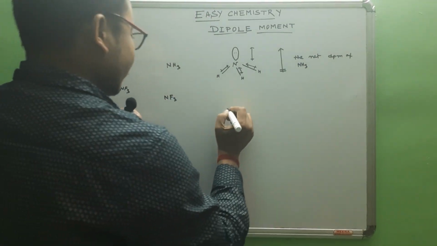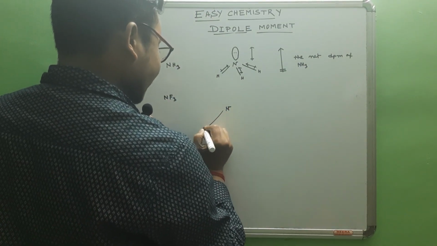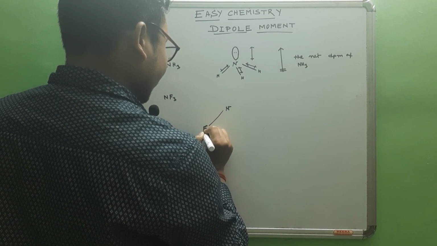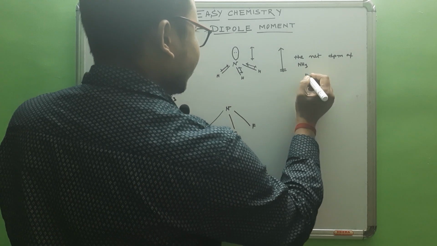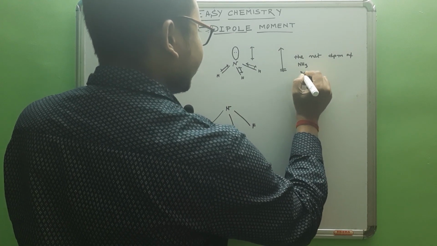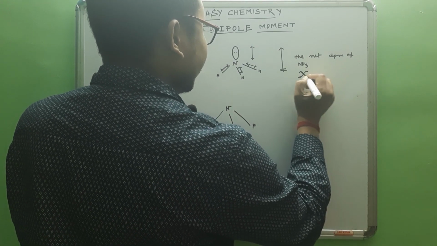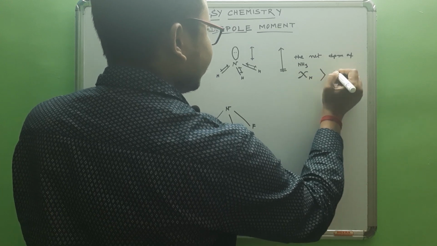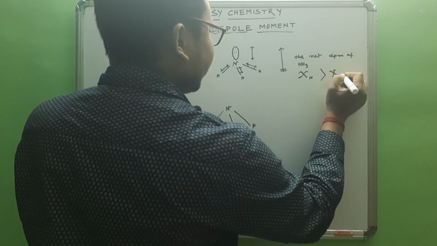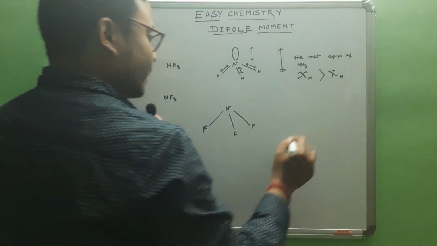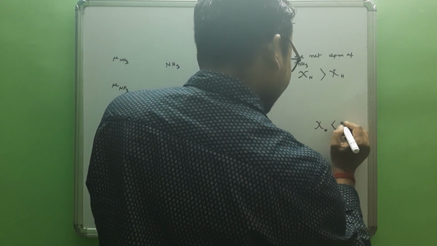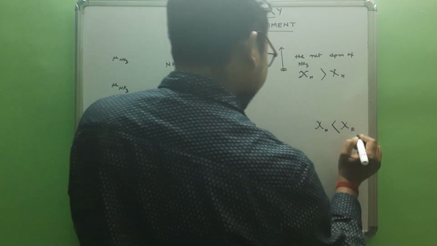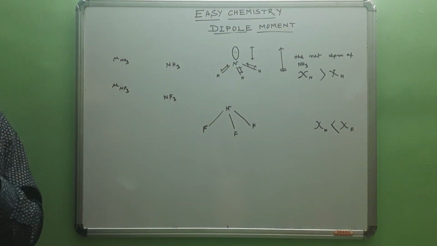Okay, and here the NF3. Here I can write the chi, that is the electronegativity. The electronegativity of nitrogen is more than the electronegativity of hydrogen, but here the electronegativity of nitrogen is less than the electronegativity of fluorine. That means fluorine is more electronegative.